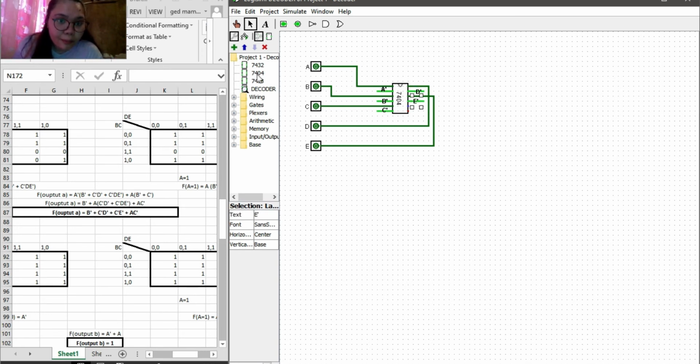Second, we need to connect the ANDed inputs. For the two inputs that are ANDed, for example, C naught and D naught, connect C naught and then D naught, and it should be labeled.